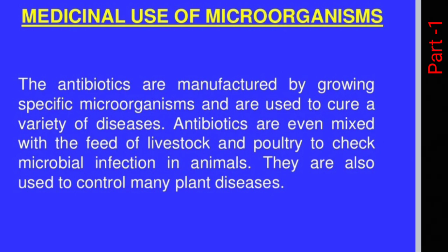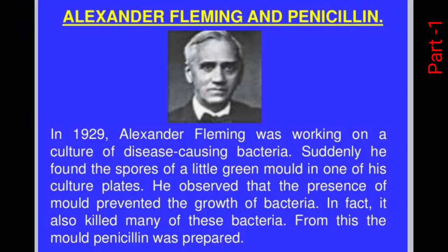Now next is about Alexander Fleming and penicillin. If I ask you who discovered penicillin, it was none other than Alexander Fleming. In 1929, Alexander Fleming was working on a culture of disease causing bacteria in his lab. Suddenly he found the spores of a little green mold in one of his culture plates.